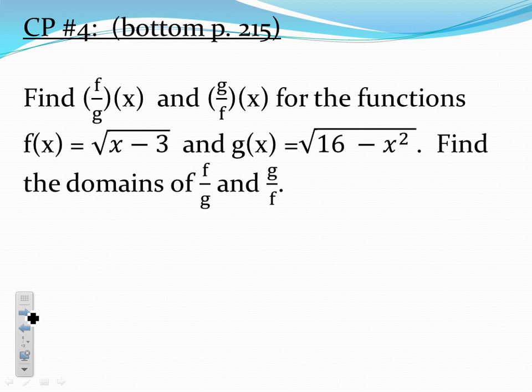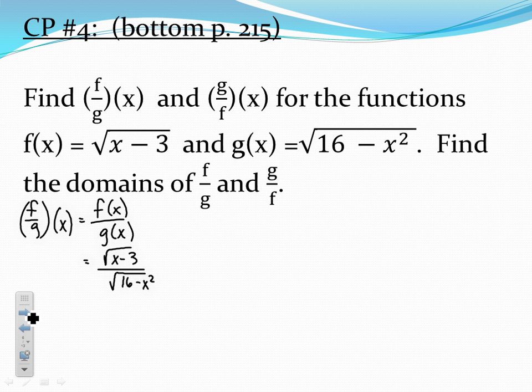The first part, basically very simple. F over g of x is f of x over g of x. So we have square root of x minus 3 all over square root of 16 minus x squared. Okay.